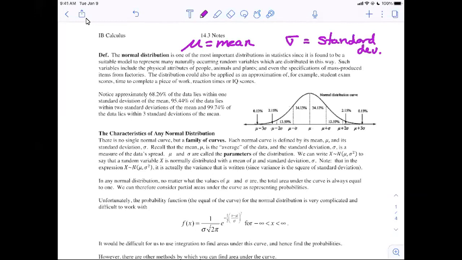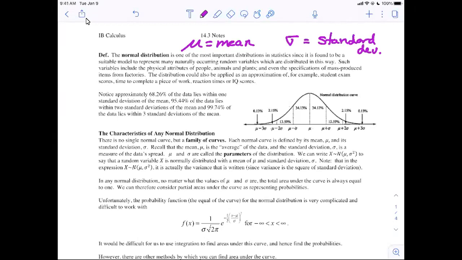There's symmetry, okay, this is symmetrical, but what we have is 68.26% of the data lies within one standard deviation of the mean. So if you notice, it's 34.13% within one standard deviation to the right, and it's 34.13% within one standard deviation to the left. So total, it's 68.26.